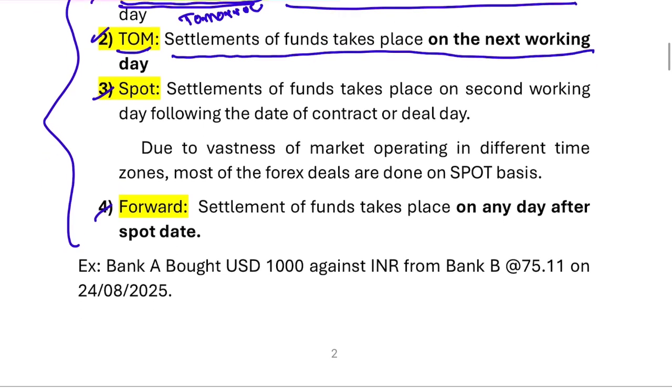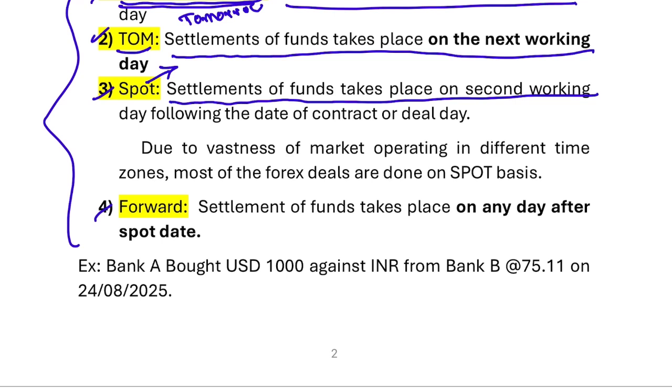And spot, this is the major rate. The majority of people use this rate only in the forex market. What is this? Day after tomorrow. If they give the US dollars the day after tomorrow, then we call it the spot rate. Settlement of funds takes place on the second working day. Got it?